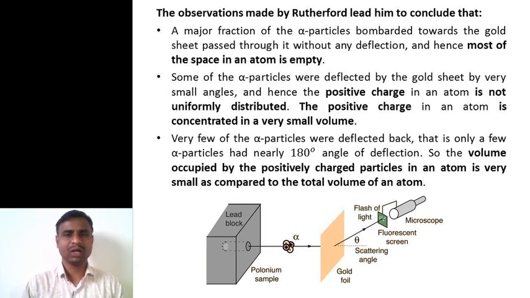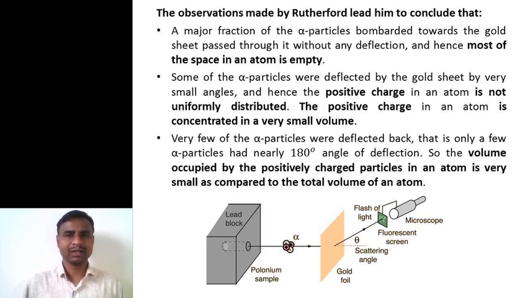So Rutherford found that most of the space in an atom is empty, and most of the alpha particles get transmitted, or just pass through the gold foil atoms without much deflection. So he said that most of the atom is empty space.